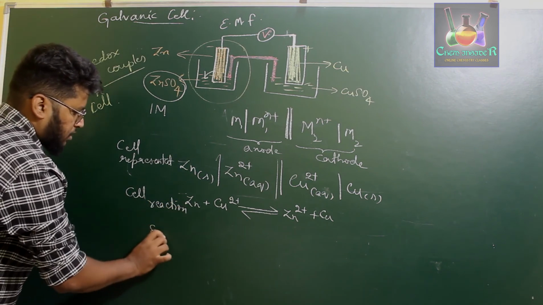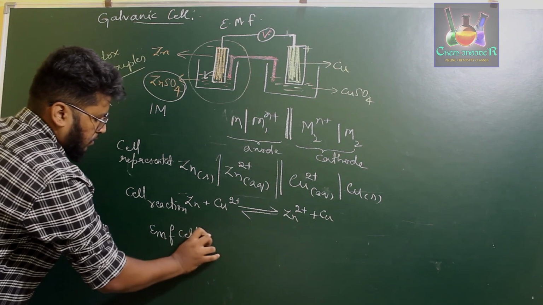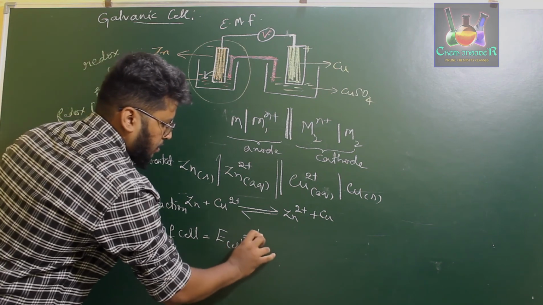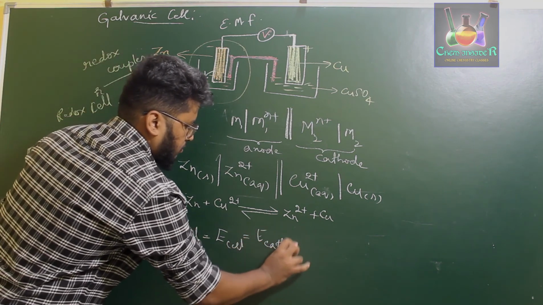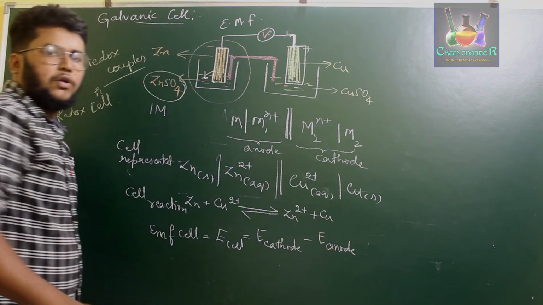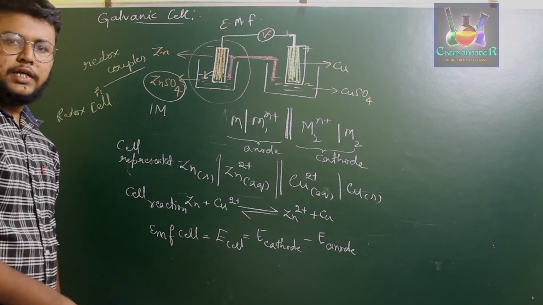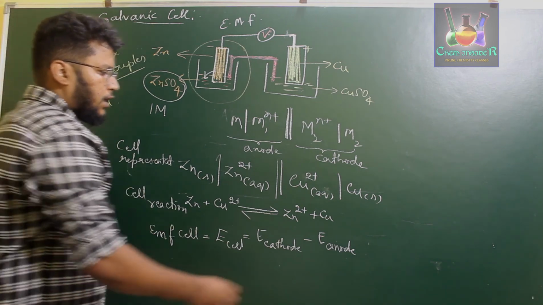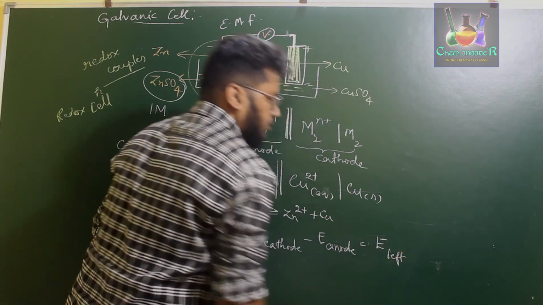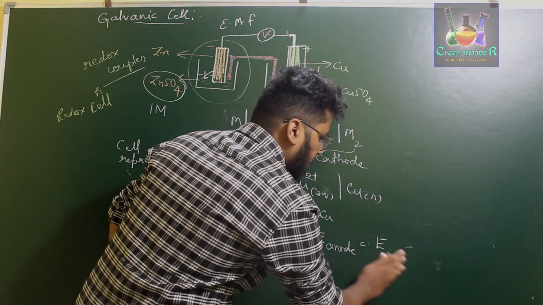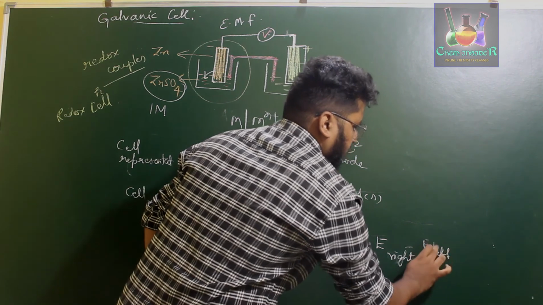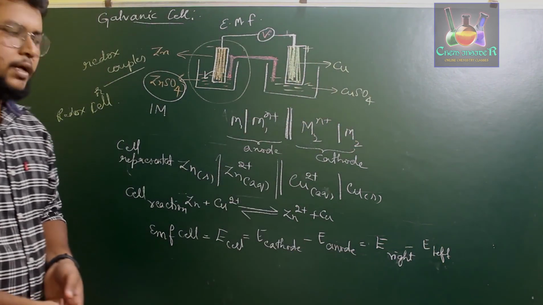Now the EMF of the cell can be calculated as E cell equals E cathode minus E anode. Since we also know that the anode will always be on the left hand side and the cathode on the right hand side, it can also be calculated as E right minus E left. So this is how you can determine the EMF of the cell.